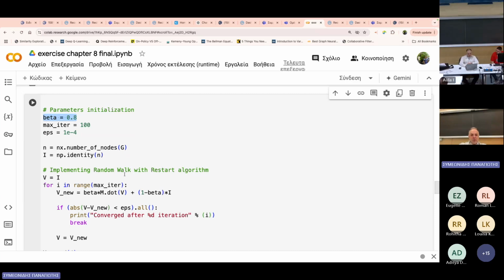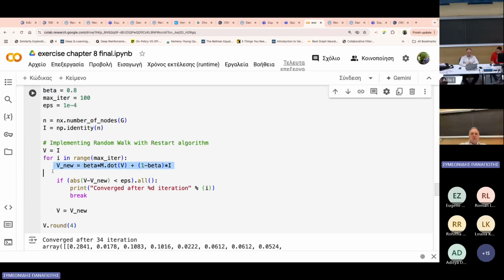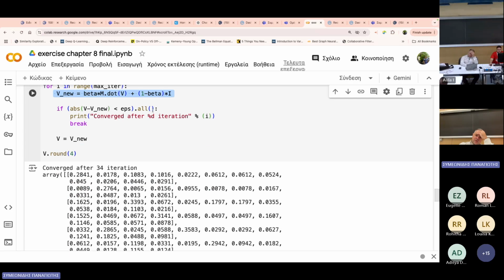And as you can see here, the algorithm is just one line of code. This is the PageRank algorithm and also the random walk restart algorithm. And in terms of linear algebra matrices, it's just one line of code. The beta parameter, the transition probability matrix, the V initial vector, and the identity matrix. Okay, and of course, this easily converges after some steps.